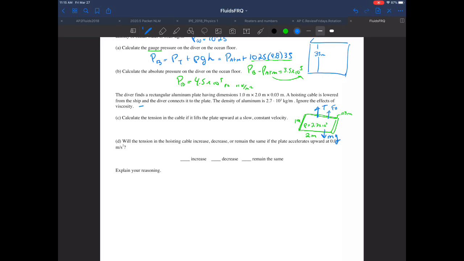Okay, so we're going to start with the sum of the forces equals ma. There is no a, so all of our forces should be equal and opposite. So we're going to take the tension and add it to the buoyant force, and that's going to equal mg.